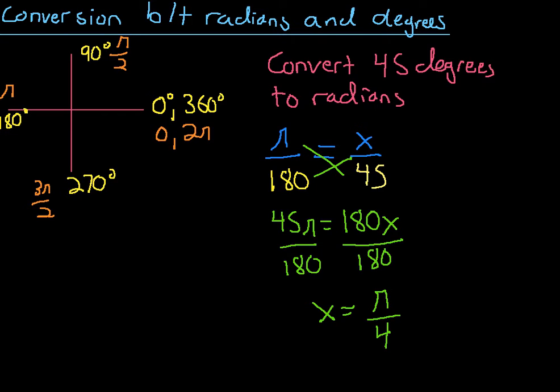Let's try another example. Let's say now, instead of converting from degrees to radians, I wanted to convert from radians to degrees. So let's try that here. We're going to convert pi over 3 rad to degrees.